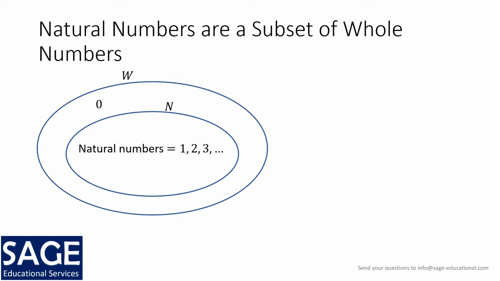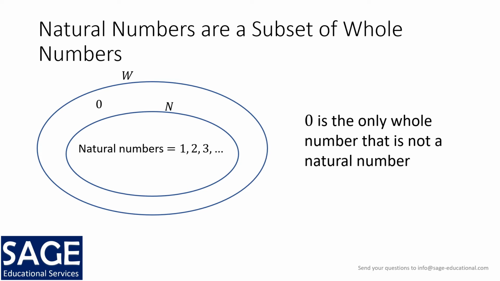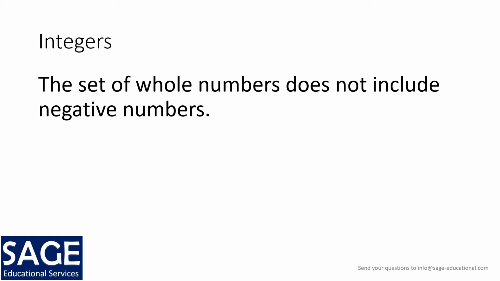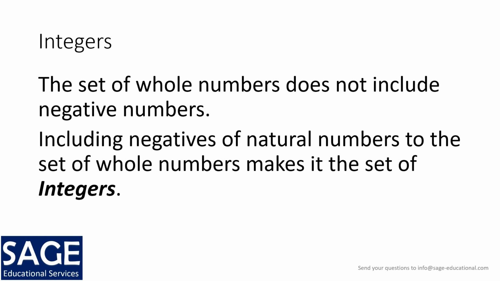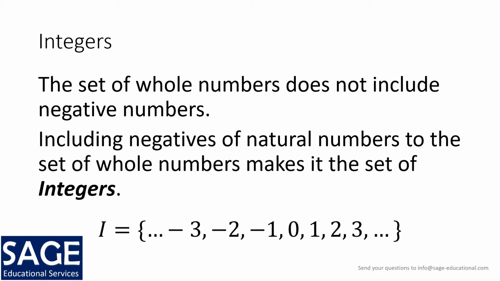Now obviously there are other numbers as well. So we have negative numbers, for example, and when we include the negative numbers as well, then we come up with the integers. So integers are the natural numbers, the number 0, and the negatives of the natural numbers. So here is our set of integers, it includes all the negatives of natural numbers, includes the number 0, and also includes the natural numbers.